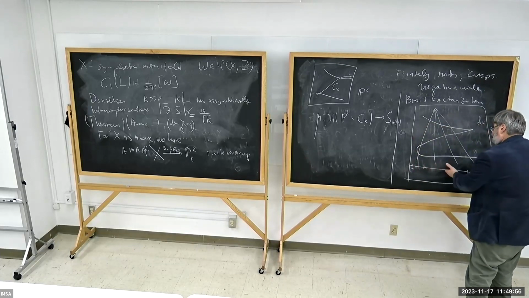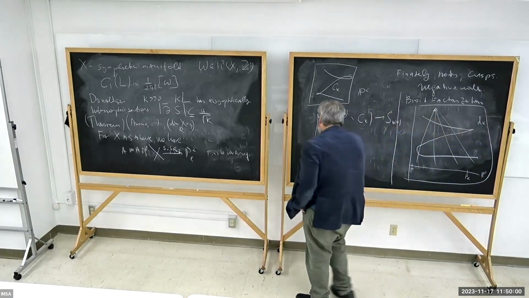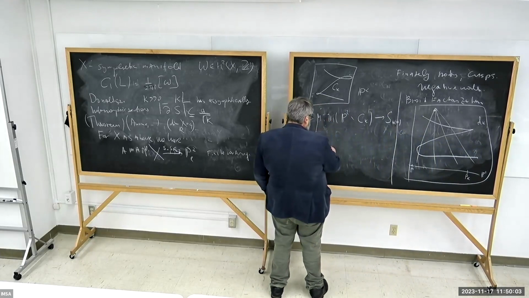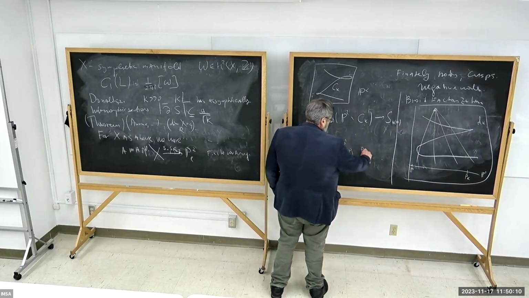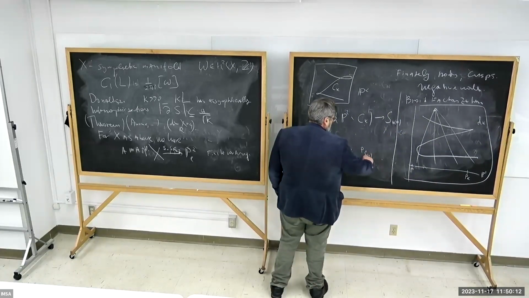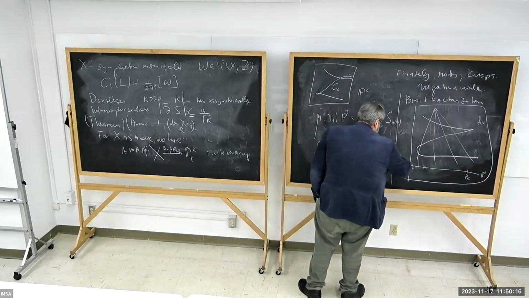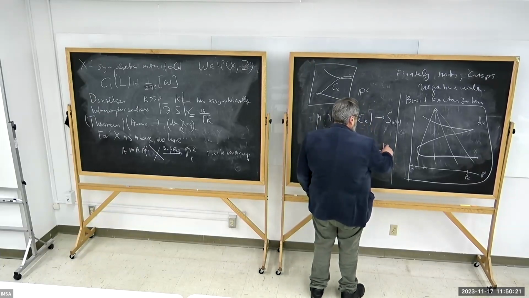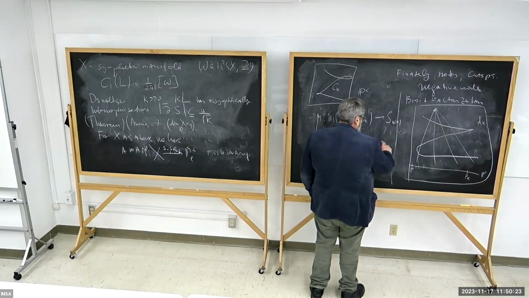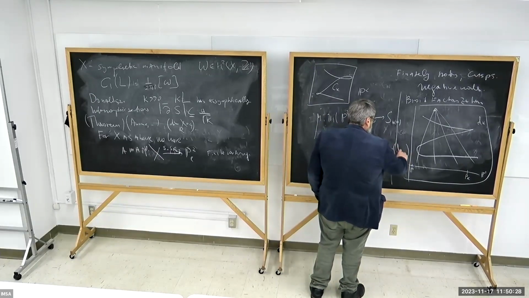And so in such a way, out of this data associated with the curve, you have a representation rho from pi 1 of Q1 minus these points into the group of automorphisms of the fiber, which will be the braid group of the fiber.